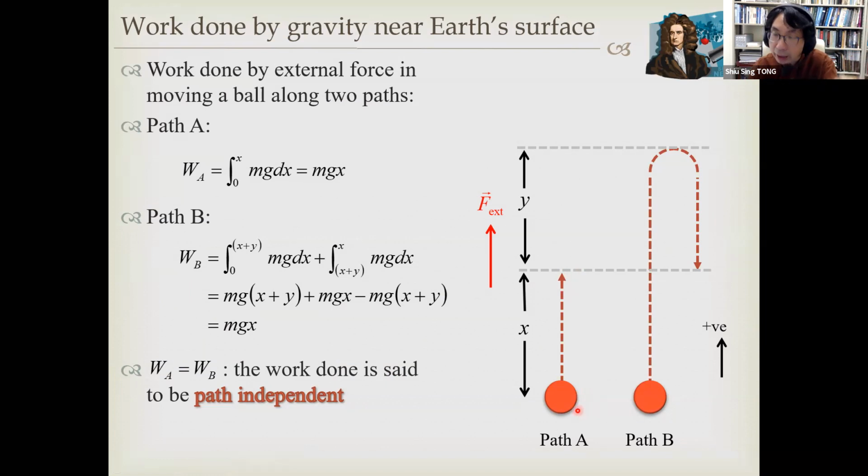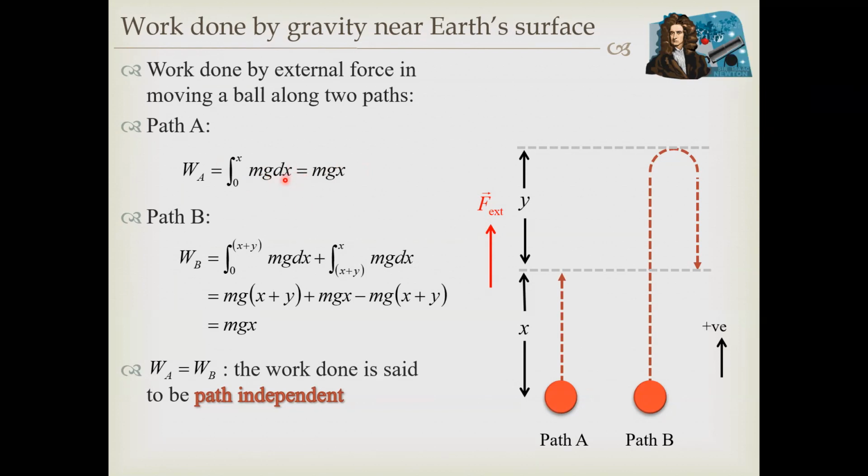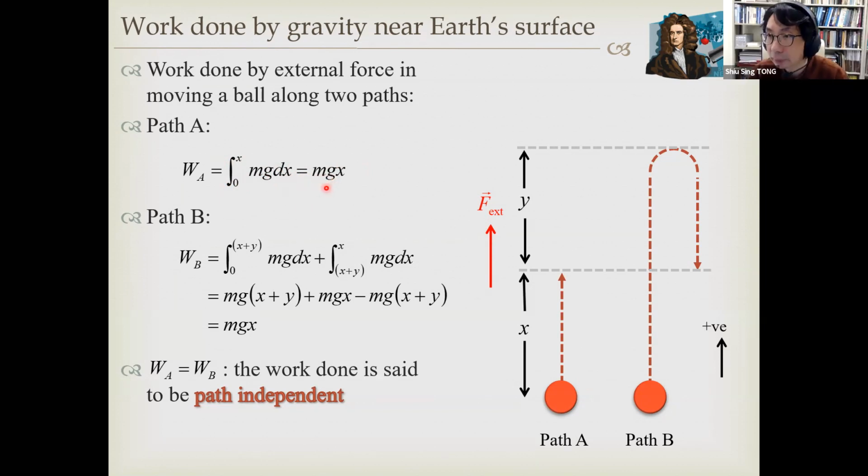The gravity force is downwards, so we apply an external force to balance the gravity and raise the ball by a distance x. The work done is straightforward. The external force is mg, in the upward direction, because it balances gravity. So I integrate the external force against the displacement x, and of course I get mgx.